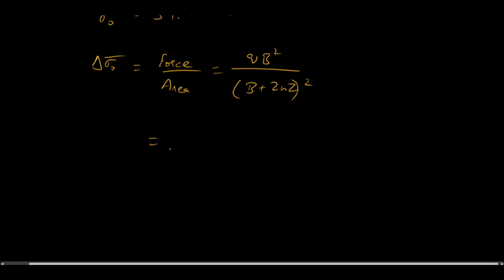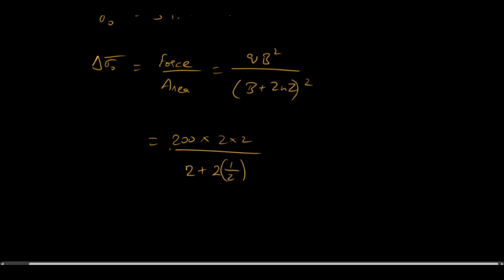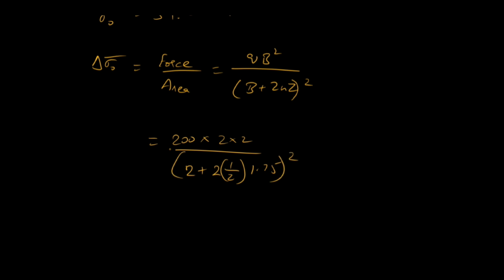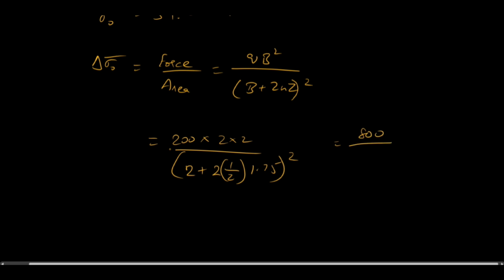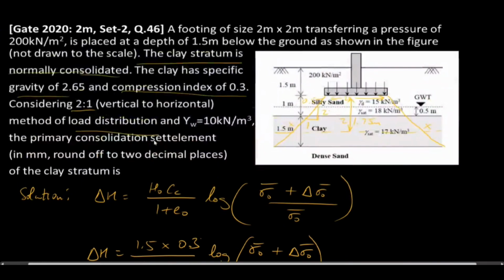Q is 200 into 2 into 2, divided by 2 plus 2 into n, where n is the slope, 1 by 2, horizontal by vertical, and z is 1.75. So 800 divided by (2 plus 1.75) the whole square, 3.75 square, where we get 56.88 kilonewton per meter square.